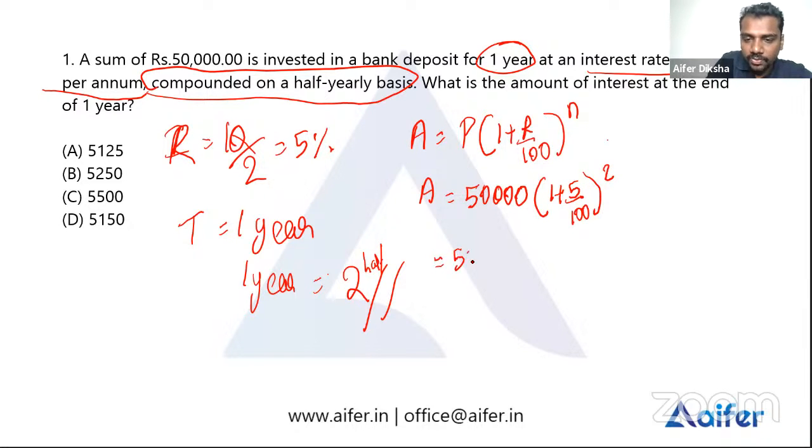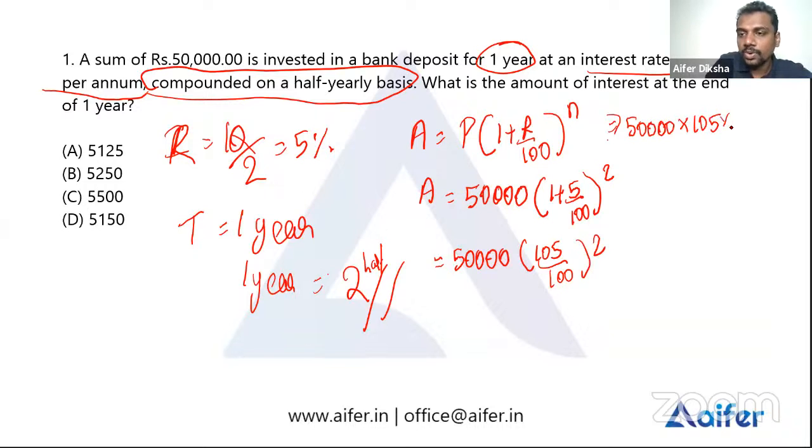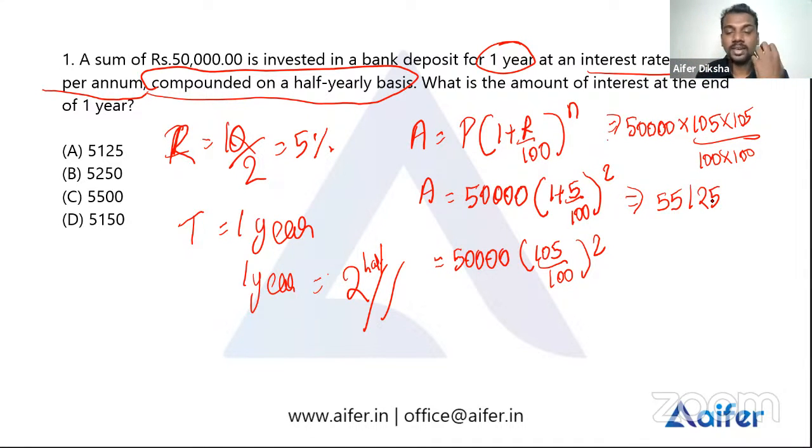That will be 50,000 into 105 by 100 all raised to 2, which comes to 50,000 into 105 into 105 by 100 into 100, which you will get as 55,125. So we have the amount as 55,125.